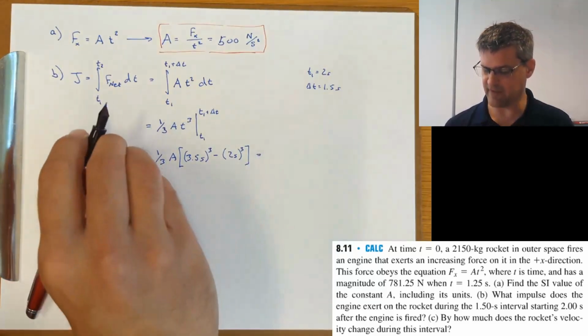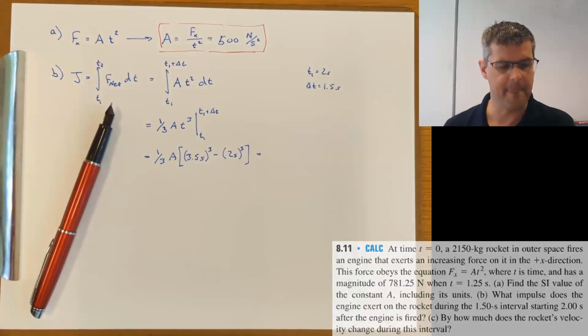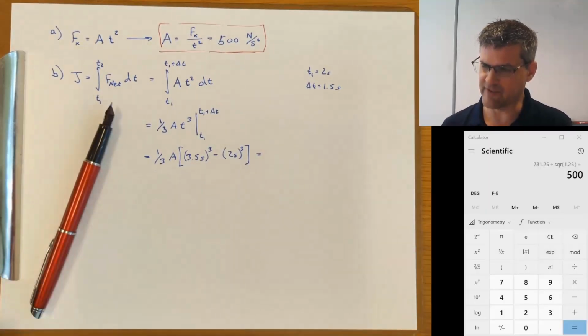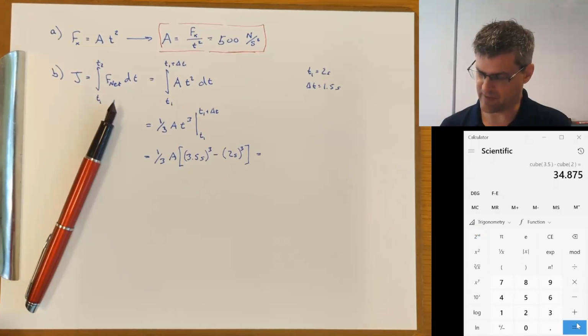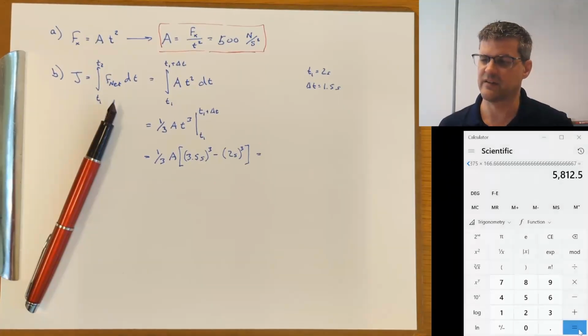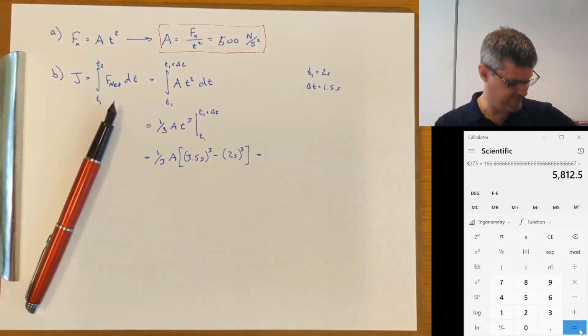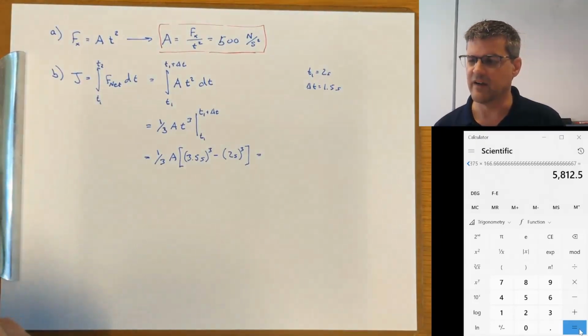So getting out our calculator, we've still got our 500. We can divide by 3. Okay, I'm going to just save this. We've got 3.5 cubed minus 2 cubed, equal to this time this thing that we just saved, which is what, 6,000?